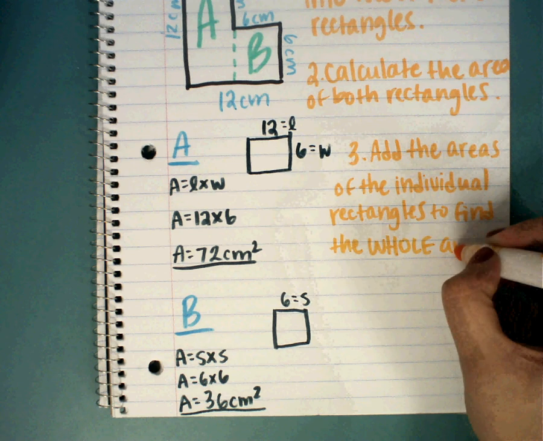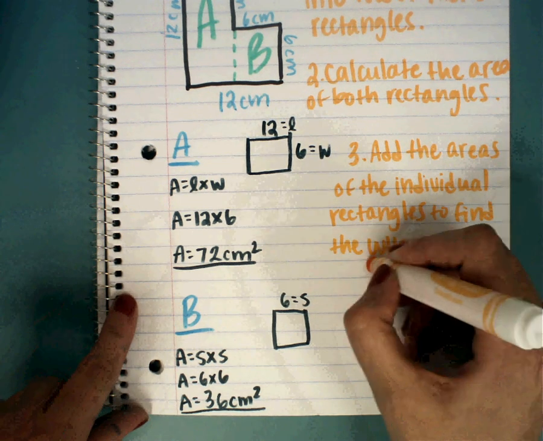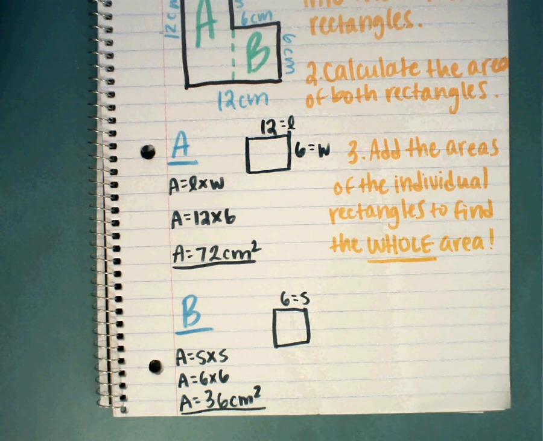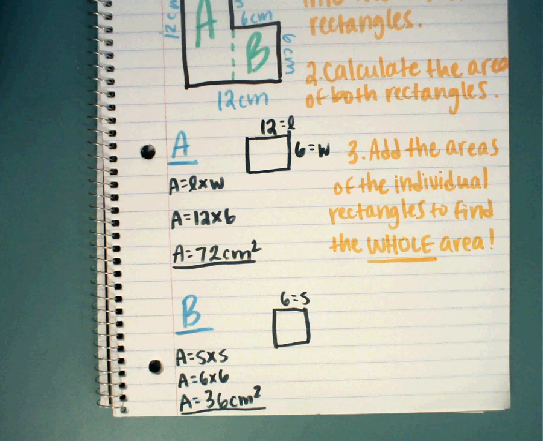Okay, that's how I find the whole. You can't stop here, guys, because right here, great, you've got two partial areas. That's not what the question was asking you. Probably the question is asking you, what is the area of this polygon? You didn't answer the question yet.